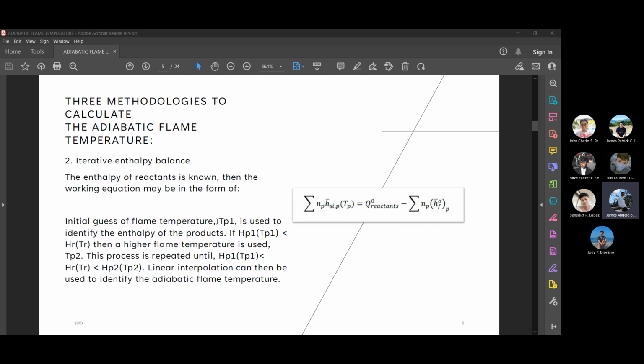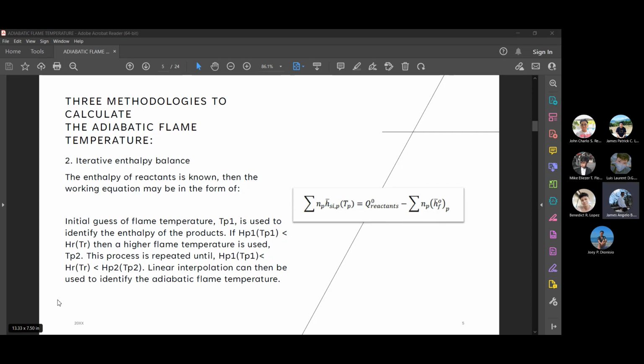The next one is iterative enthalpy balance. The enthalpy of reactants is known. The working equation may be in the form of an initial guess of flame temperature, which is used to identify the enthalpy of the product. If HP1 at TP1 does not equal HR at TR, then a higher flame temperature TP2 is used.